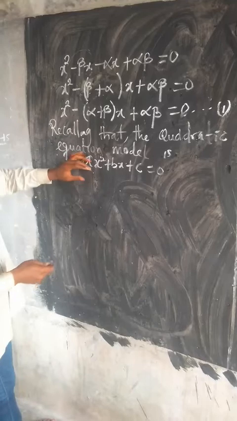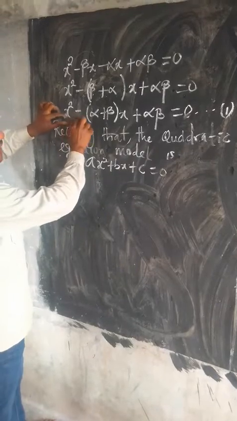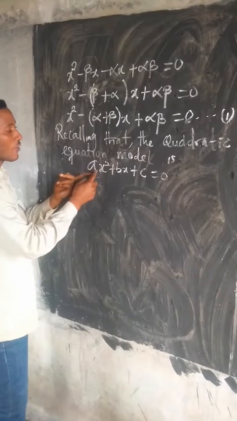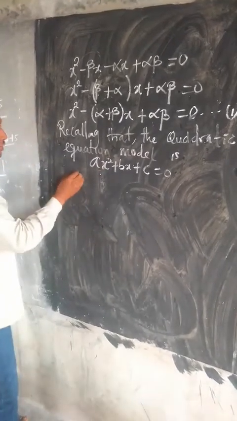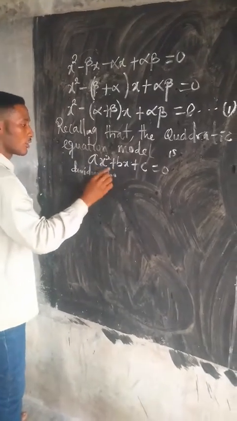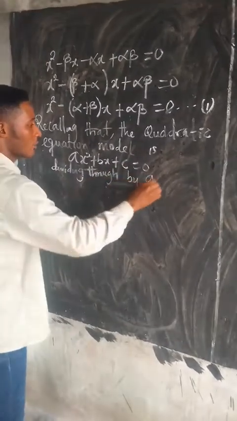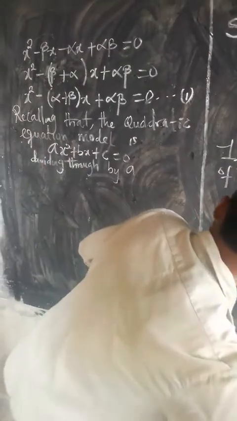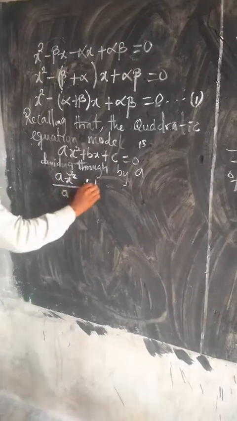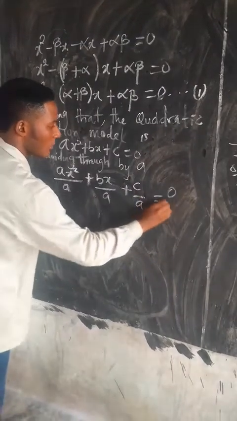Now, from this, we need to transform this model such that it looks like our equation 1. To do so, we need to divide this equation through by the coefficient of x squared, which is the leading coefficient, a. Dividing, we have ax squared over a plus bx over a plus c over a equals 0 over a.